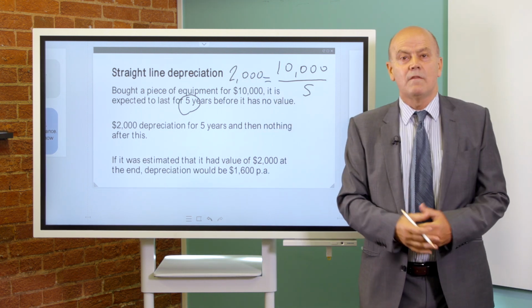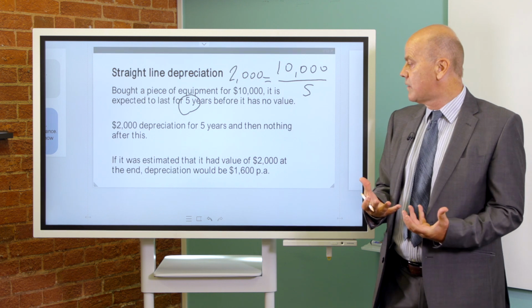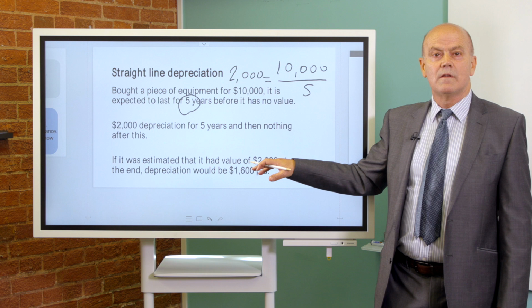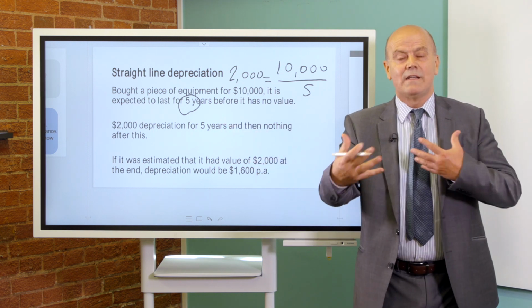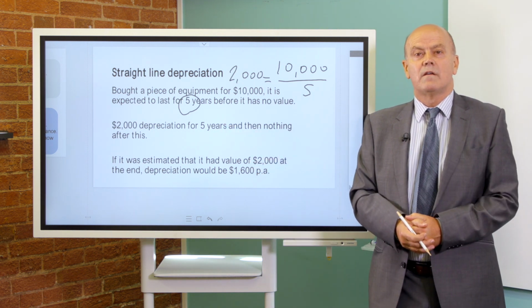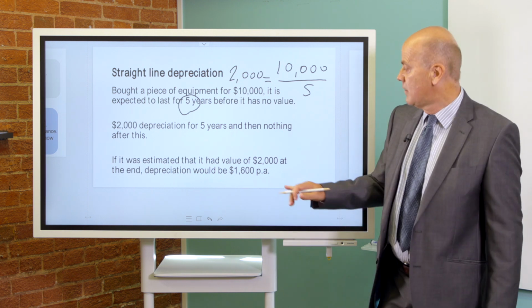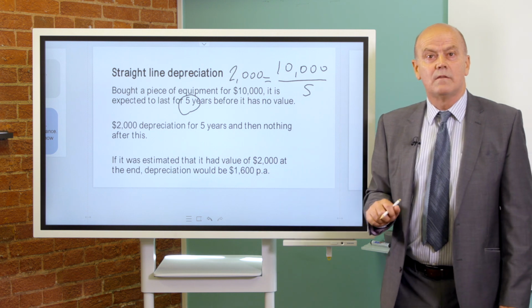Okay, if we had, for example, a piece of equipment where we thought it was worth perhaps $2,000 at the end of its life, we would basically take off that figure from the cost and do the calculation in the same way, but after we've deducted this $2,000.